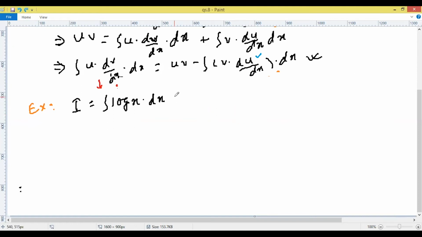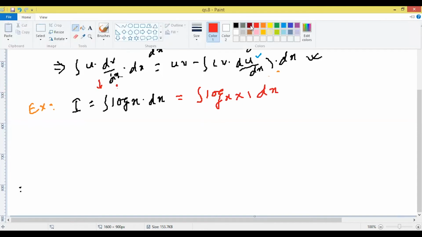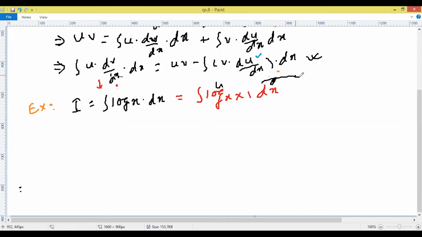So in this way, now I'm taking log x times 1 dx, and in place of log x, I will suppose that as u, and 1 as dv by dx.